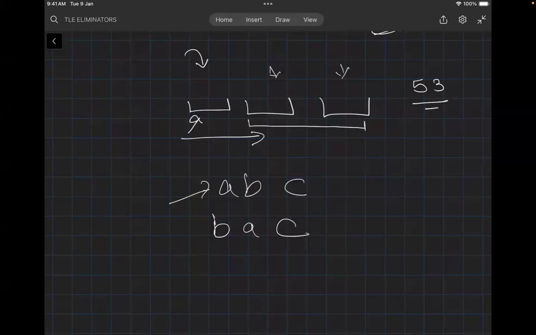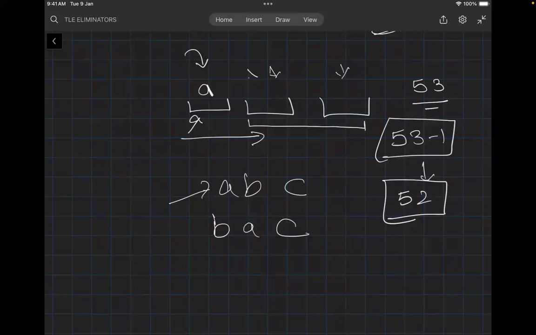If I try to fix A here, the value of A is 1. So if I subtract 1 from 53, I get 52. Now, can I allot 2 characters here such that the sum is equal to 52? I can: I can allot a Z here and a Z here.